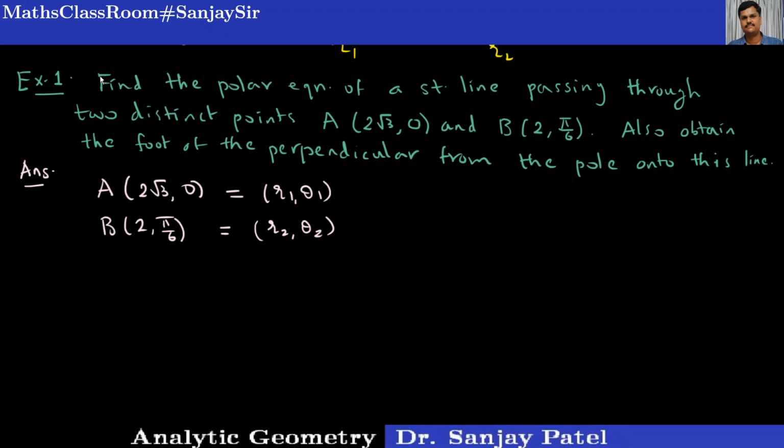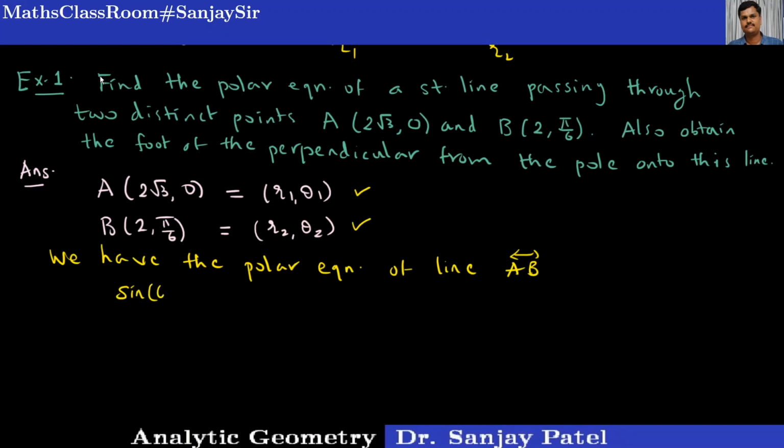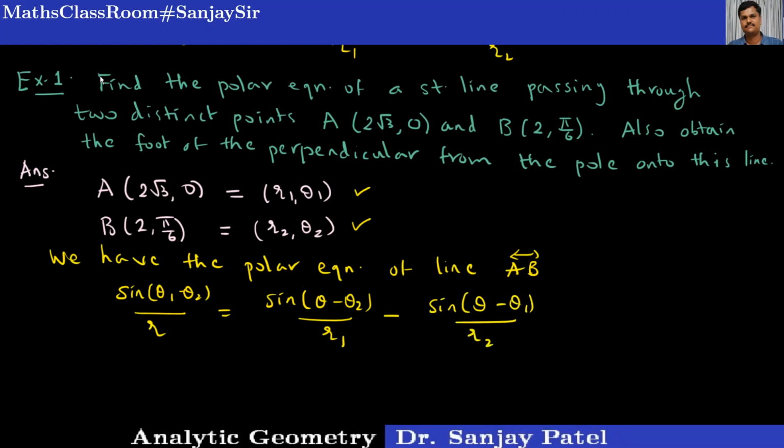Now we know the polar equation of line AB, which is passing through (r1, theta 1) and (r2, theta 2): sine(theta 1 minus theta 2) upon r is equal to sine(theta minus theta 2) upon r1 minus sine(theta minus theta 1) upon r2.